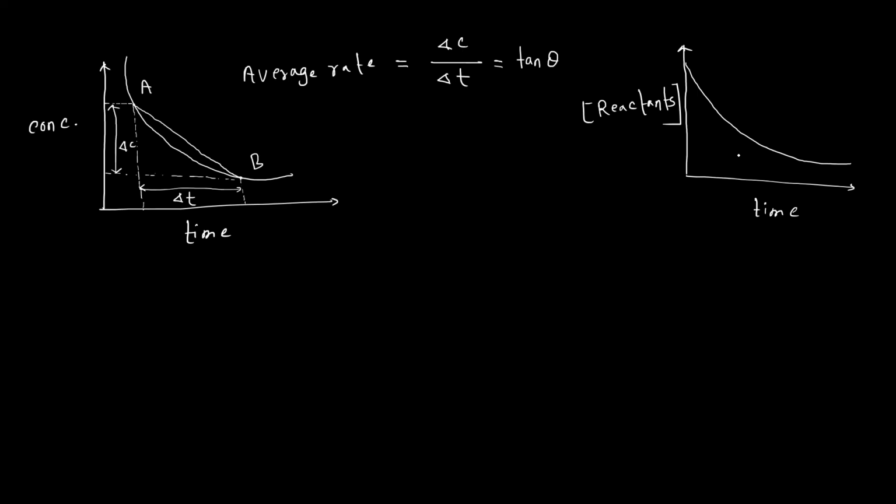If you want to find out the instantaneous rate at this point, we just draw a tangent at this point, and the slope of this tangent will give us the instantaneous rate.